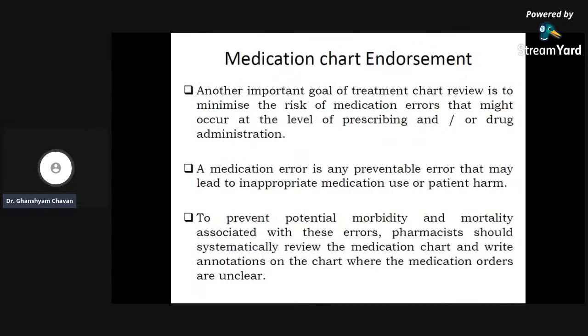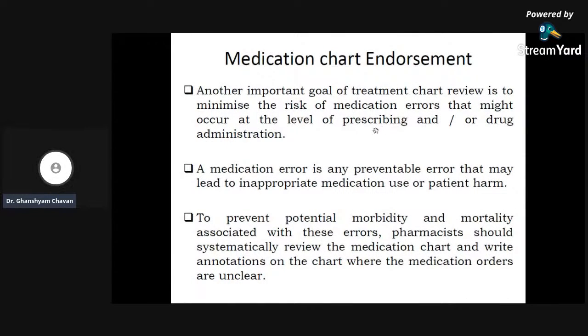Next is medication chart endorsements. Another important goal of treatment chart review is to minimize the risk of medication errors that might occur at the level of prescribing and or drug administration. Because prescribing is very important.